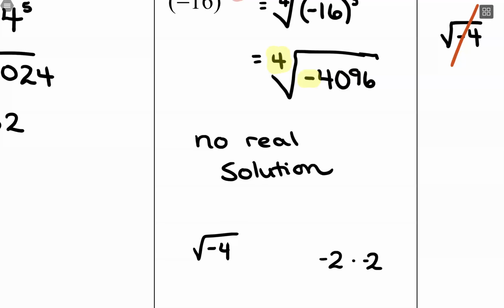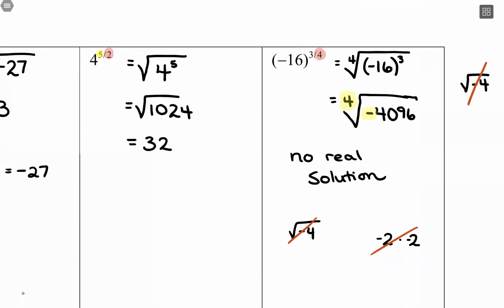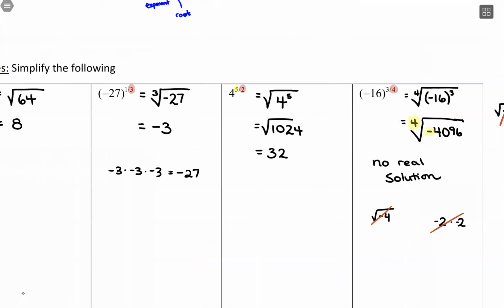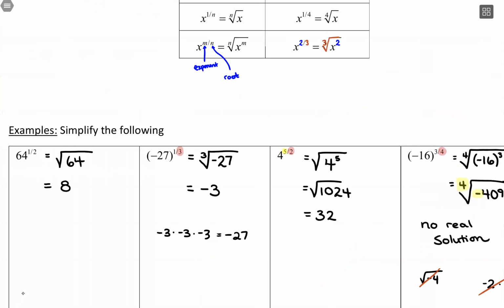And if I make them both negative, it's still positive. So there's nothing that works where I can have an even number of values multiplying to each other that can give out a negative number in the end. It'll always be positive. Okay, so that's what we do with rational numbers as our exponents.